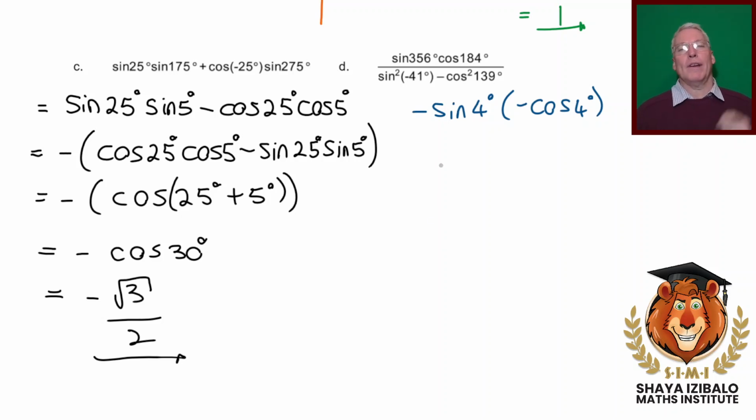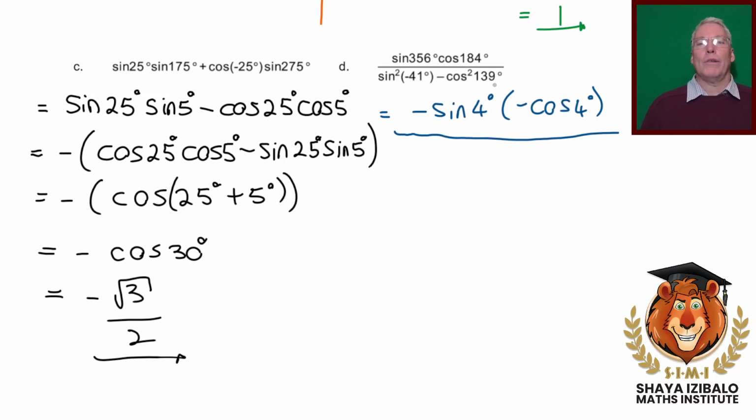It's negative sine 4 times negative cos 4. Okay? On the denominator, we've got sine squared and we've got cos squared. Now, that sine squared of minus 41 is actually in quadrant 4, but when we square it, it's actually going to be exactly the same as sine squared 41. And this is going to be exactly the same as cos squared 41.